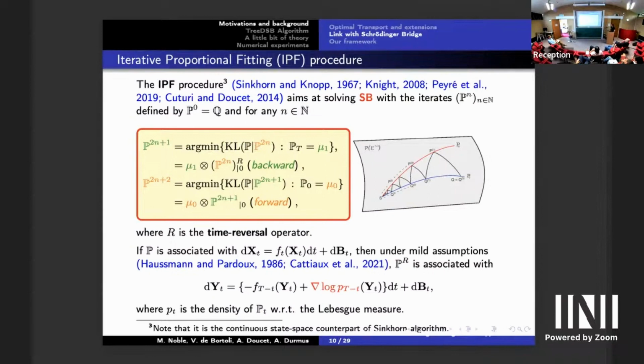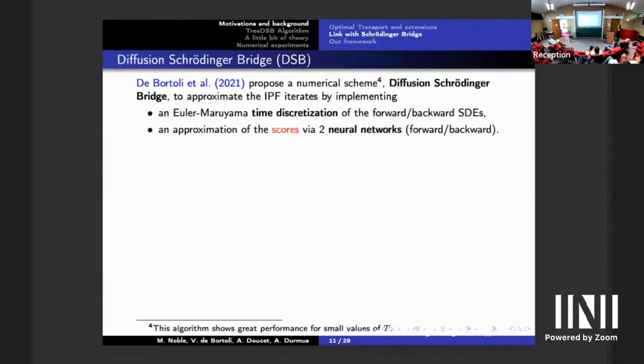So we have plenty of machine learning tools to compute this. So actually solving the Schrödinger bridge problem is simply computing time reversal, basically. But you alternate between, I start from nu 0 and then I start from nu 1. And so Valentin proposed some algorithm, which he called the diffusion Schrödinger bridge algorithm.